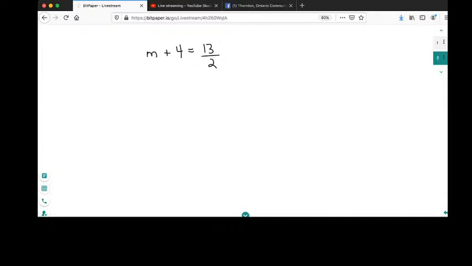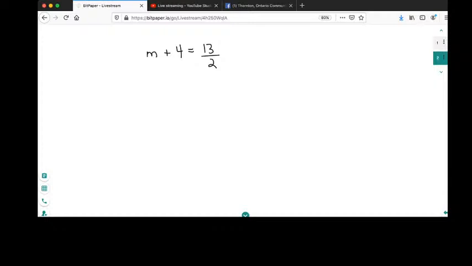Eventually, when I'm adding everything else together, it's going to be very important to have no fractions in my coefficients or in my problem.